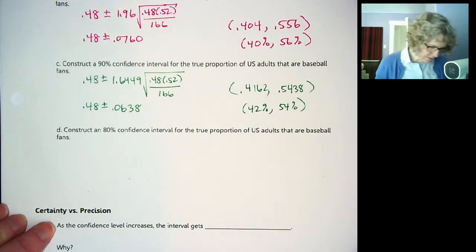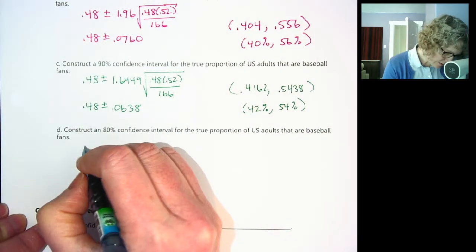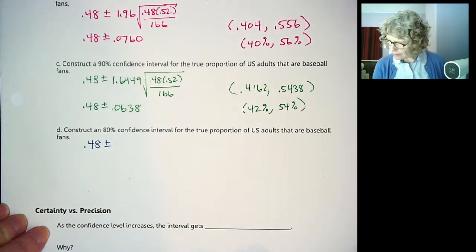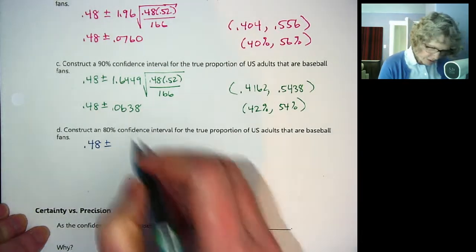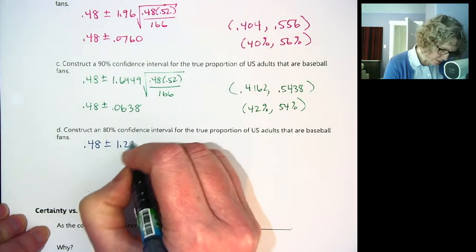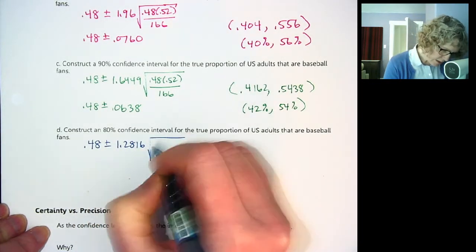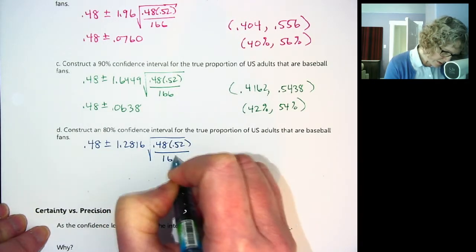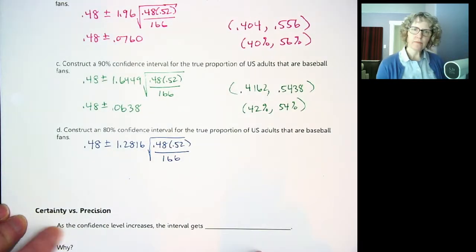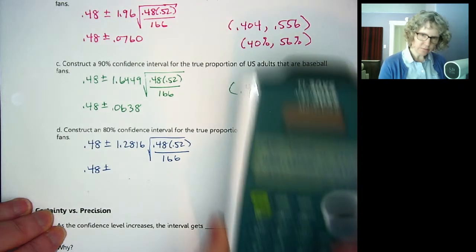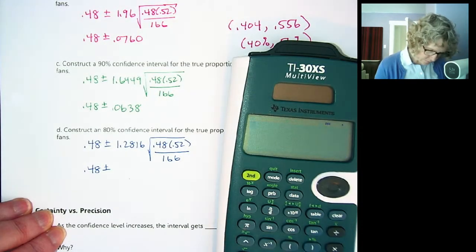Last but not least, 80% confidence. 0.48 plus or minus, our Z-score is 1.2816 times the square root of 0.48, 0.52 over 166.